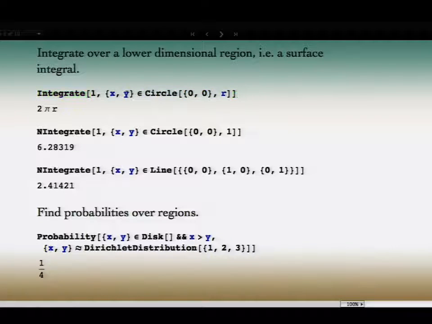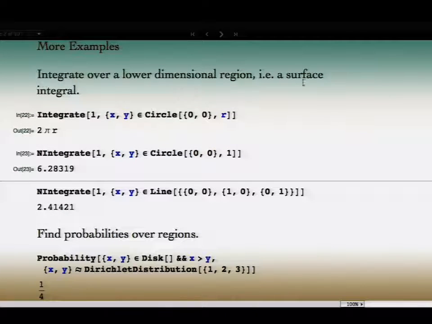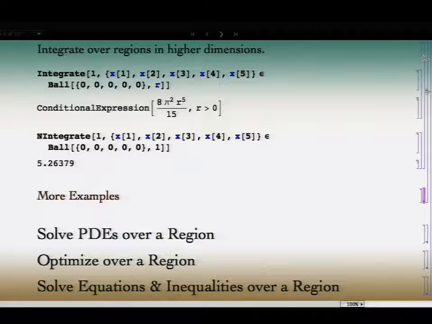It correctly changed the integration measure. If I integrate one over that circle, it should give me the measure of it, otherwise known as the length, or the arc length. And we all recognize this formula, hopefully. It works numerically as well, and here's the same thing with a line and so on. Okay.